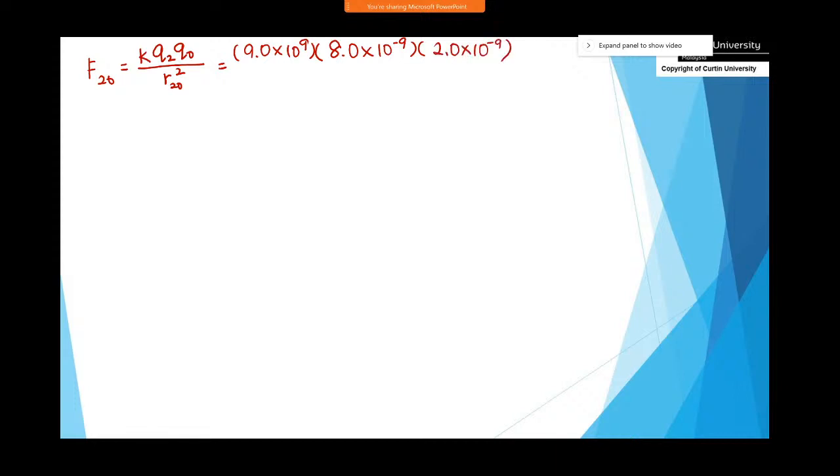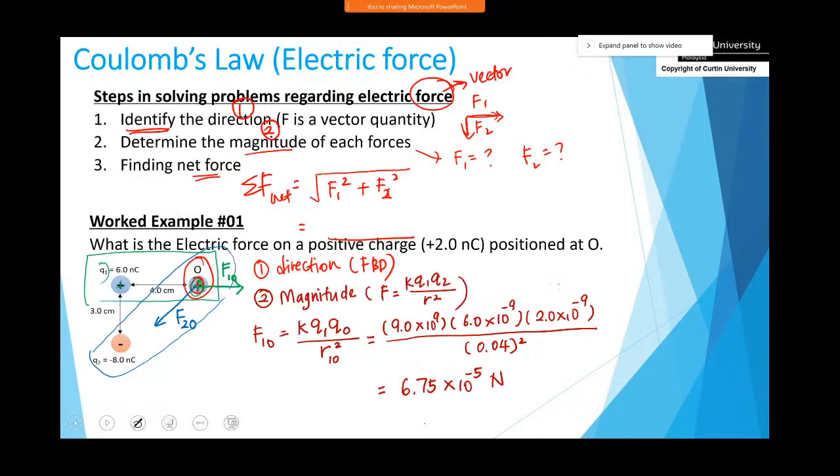No negative sign in front, because positive and negative is determined by the direction. What is the distance between them? This is a right angle triangle, so the distance is 5 centimeter.